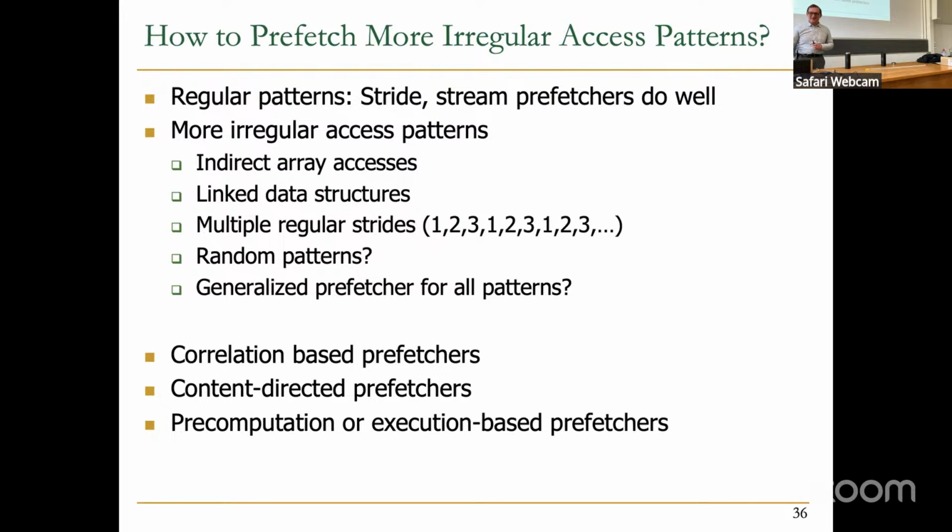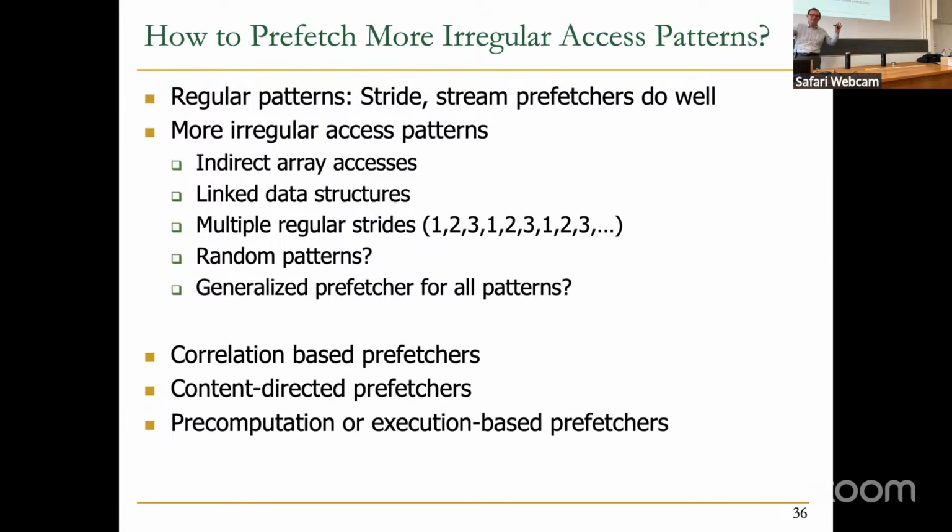Okay, so now let's talk about more irregular access patterns. We're going to talk about correlation-based prefetchers. You already saw an example of delta correlation. We correlate the deltas, right? But a correlation-based prefetcher is actually much more powerful than delta correlation, because you can do address correlation. In this case, you don't need to have any repeatable relationship.